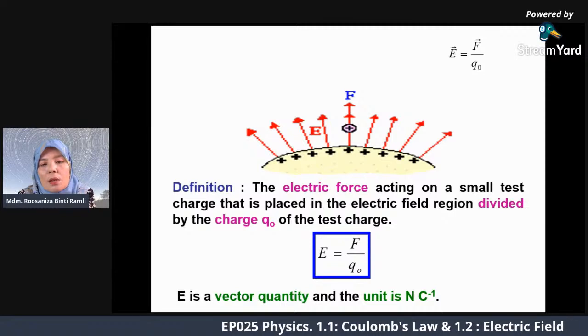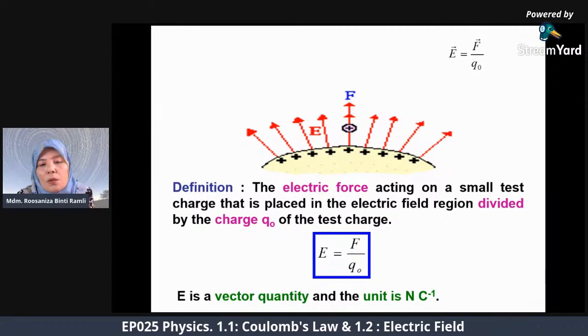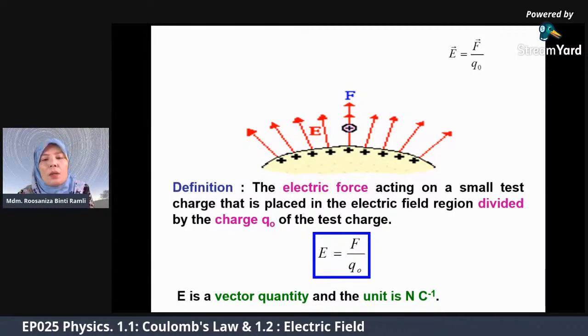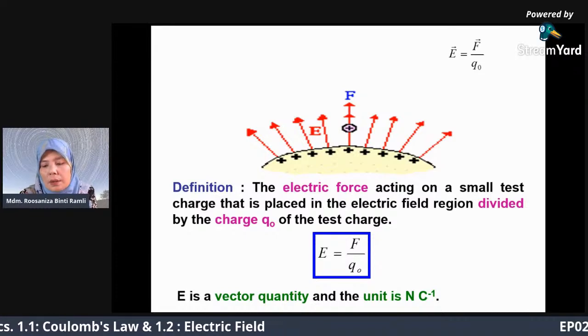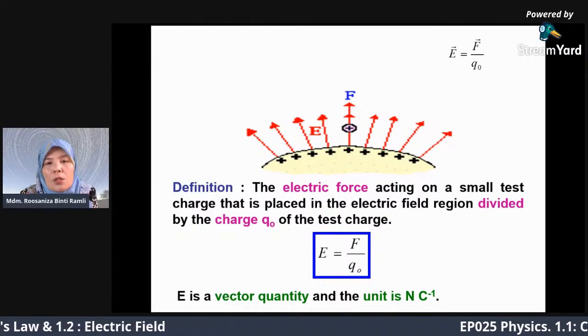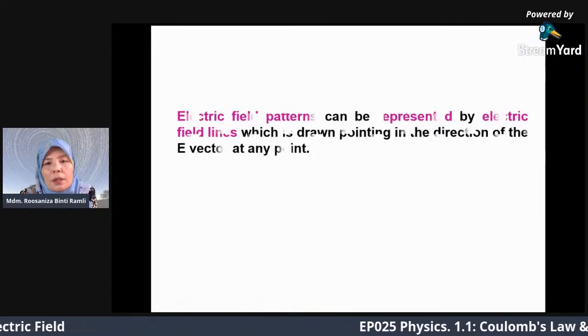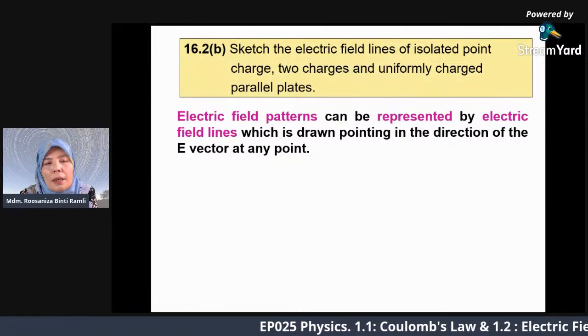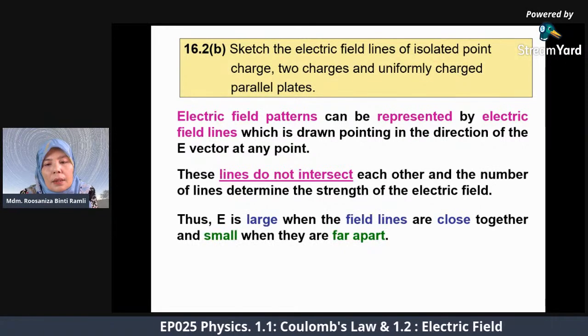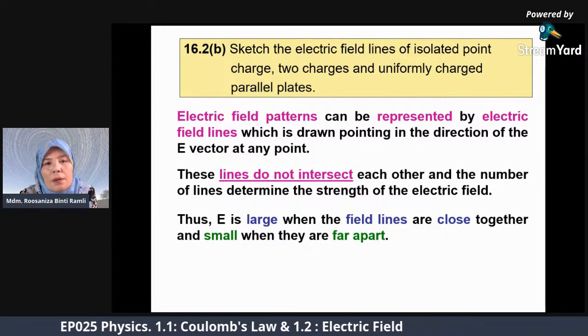So E is equal to F over q naught. E is a vector quantity and the unit is newton per coulomb. The direction of E depends on the charge.